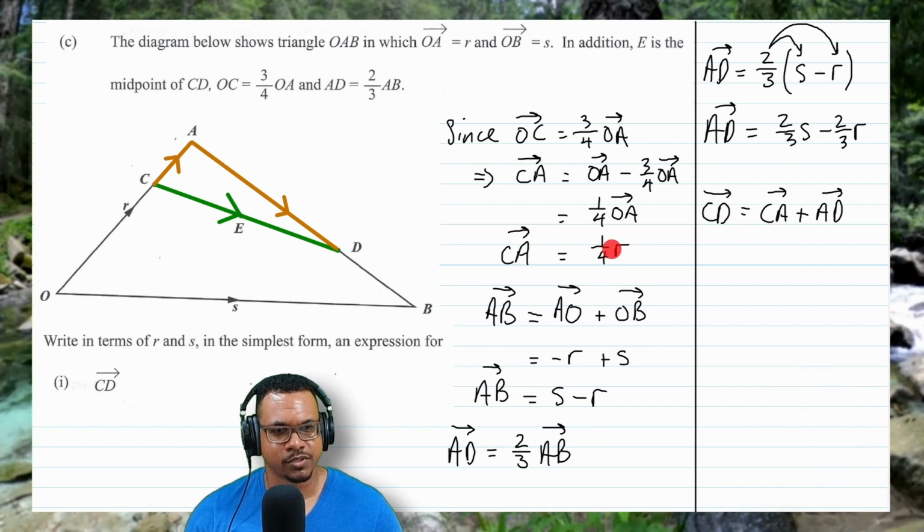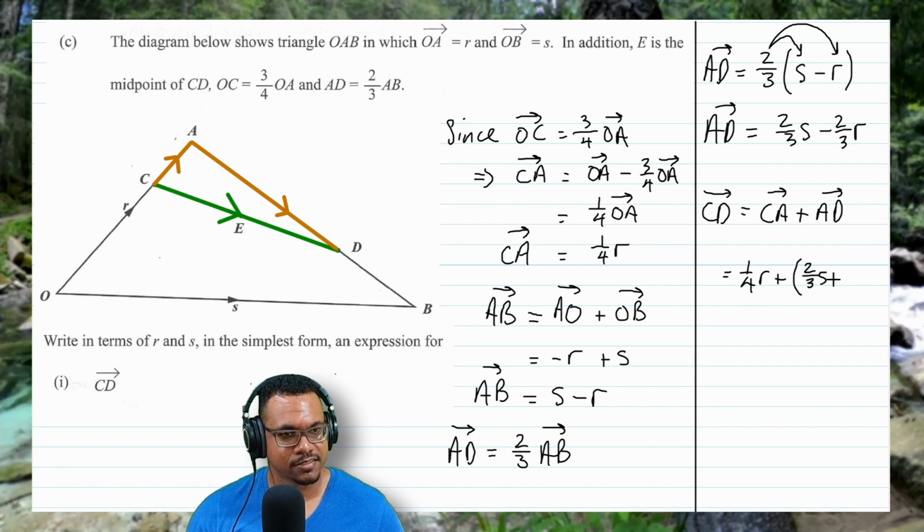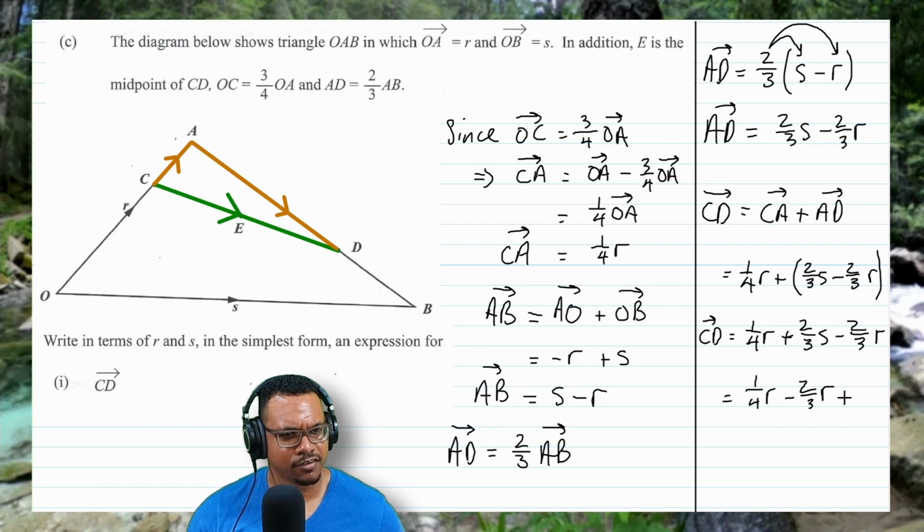CA is a quarter R, so that's equal to a quarter R plus AD, which is 2/3 S take away 2/3 R. Put in brackets, 2/3 S take away 2/3 R. So CD is equal to a quarter R plus 2/3 S take away 2/3 R. Bring like terms together: a quarter R, take away 2/3 R, plus 2/3 S.